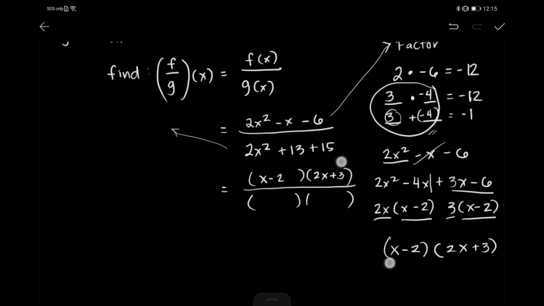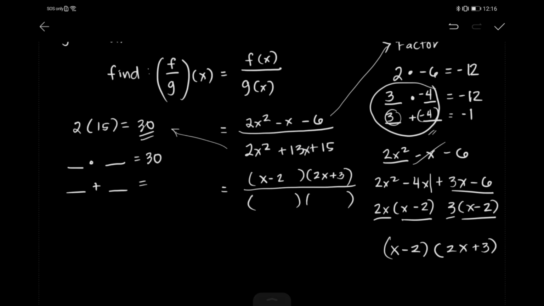So same as usual, we have to multiply our leading coefficient by its constant. So we have here 2 times 15. So this is equal to positive 30. This time, think of two numbers whose product is positive 30 and sum is equal to the middle value, or the b part here, which is 13x.